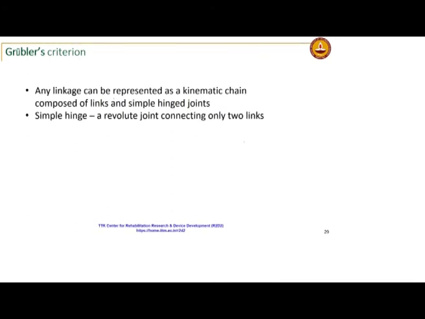So, for instance, if I have a mechanism like this, and I want to represent it only with simple hinge joints. This is a 6 bar mechanism. I have not put a weld here, so these are separate links 1, 2, 3, 4, 5, 6.